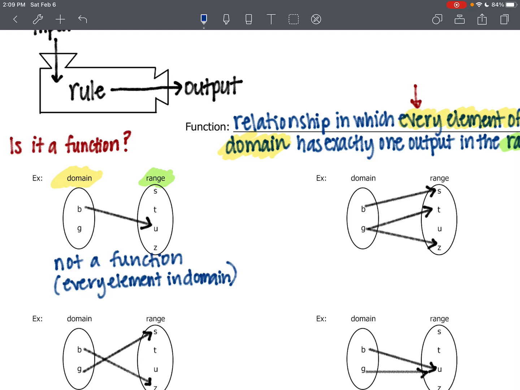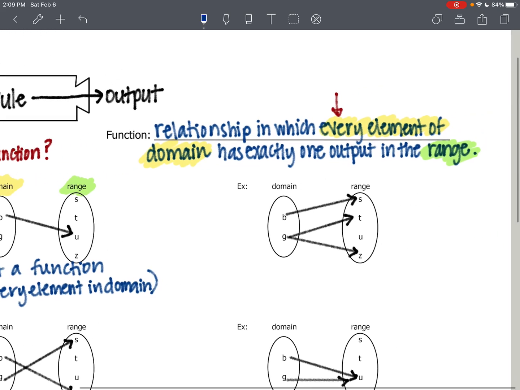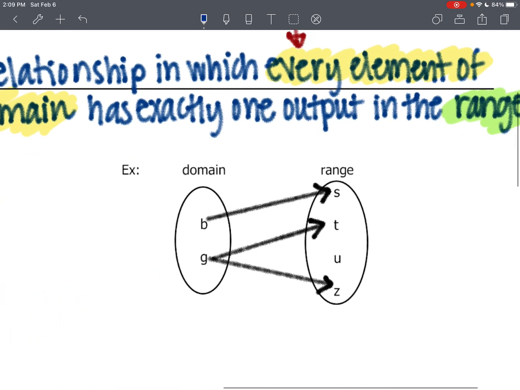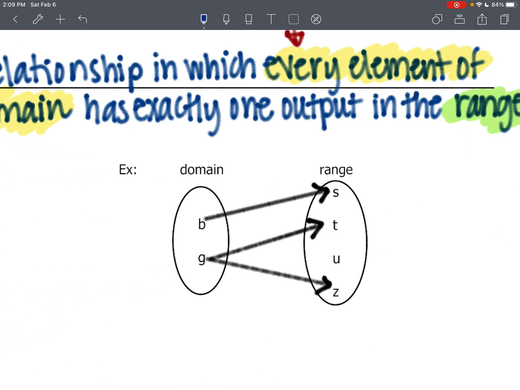Okay? I'm going to show you an example of when every element is used, but some may be used more than once. Let's go over here to our right. We have this example right here. So you need to draw these arrows on your notes. This is the given problem, exactly what you see on the screen. You've got a domain and a range. There are two elements in the domain, B and G, and both of them are being used because they both have arrows coming out of them.